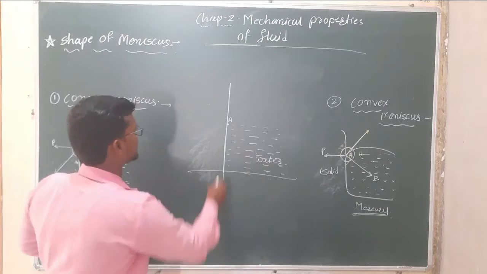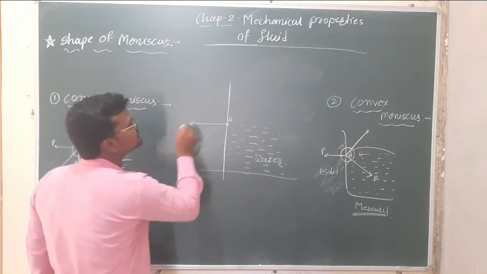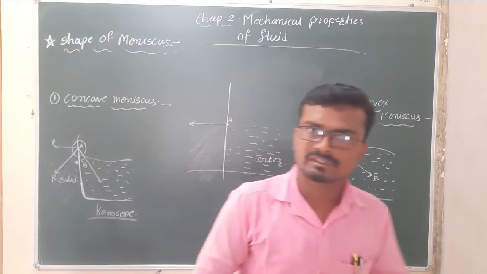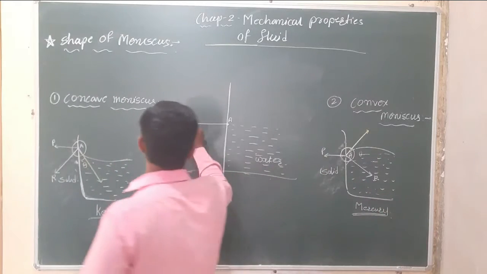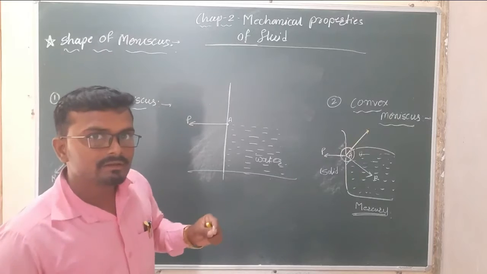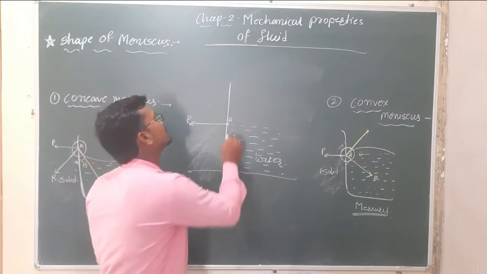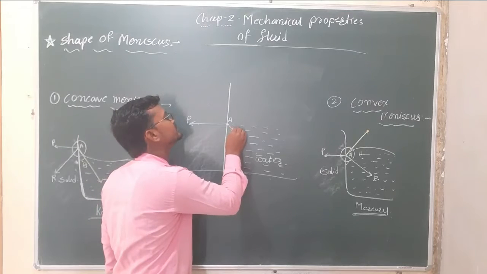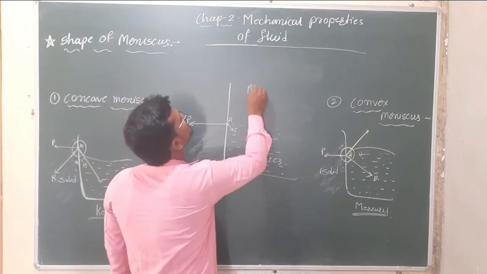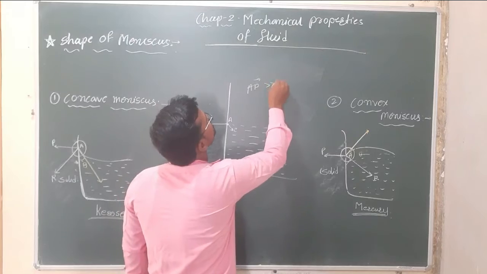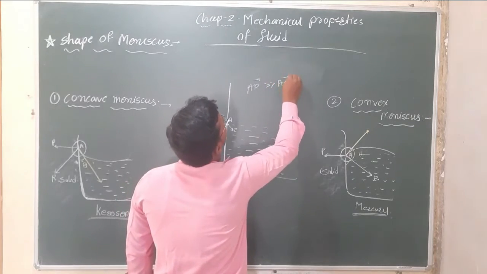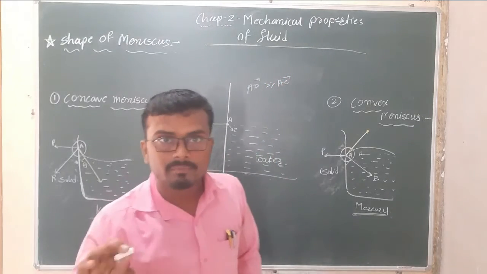Because of that, the adhesive force between the solid and liquid molecules is very strong compared to the cohesive force. This is the cohesive force, AC bar. AP bar is very much greater than AC bar in the case of a liquid which completely wets the solid.